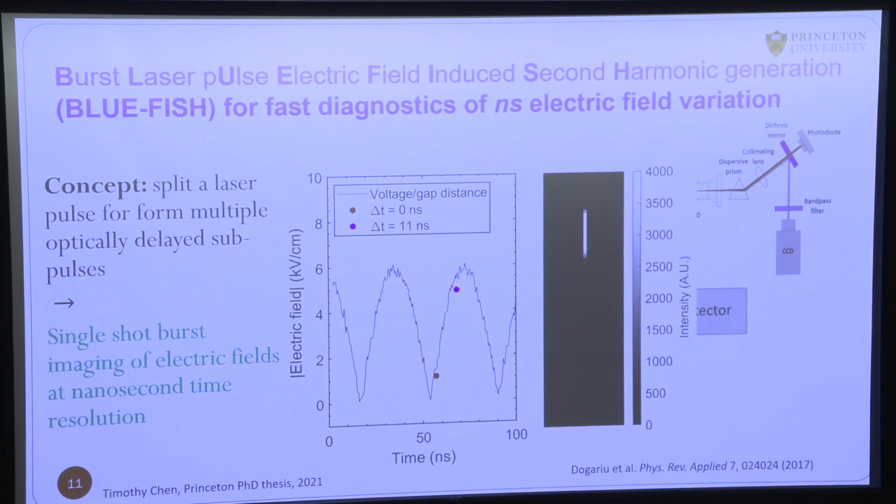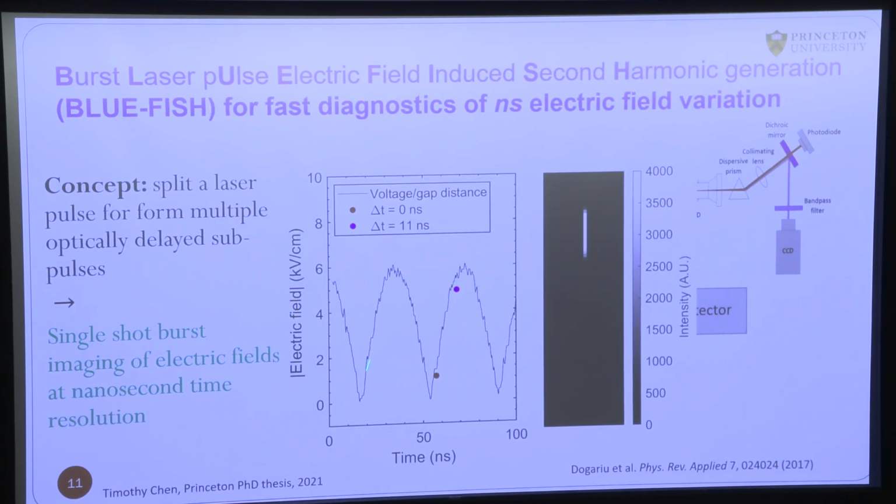Another thing is that plasma often changes very fast. For example, radio frequency plasmas are typically at 100 megahertz, so you need to measure something at the nanosecond scale.